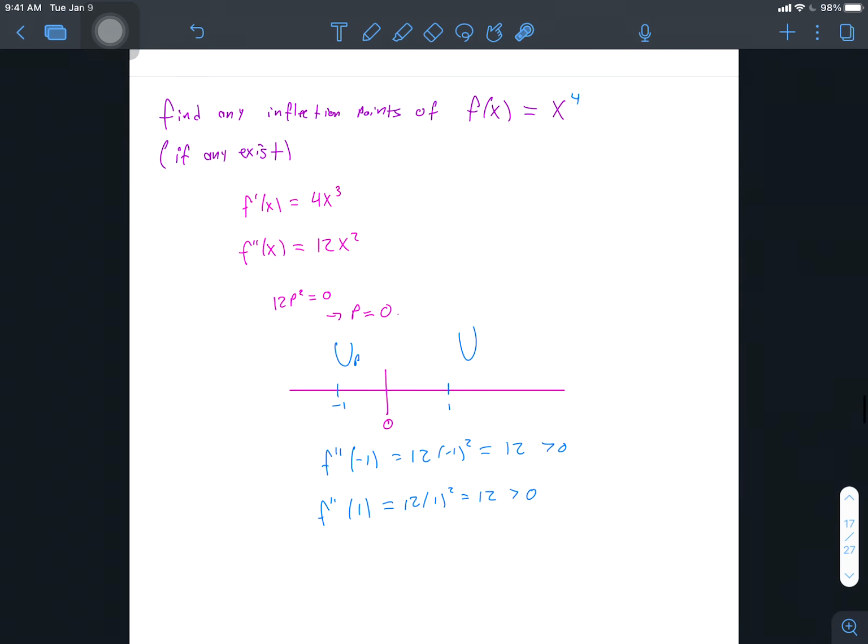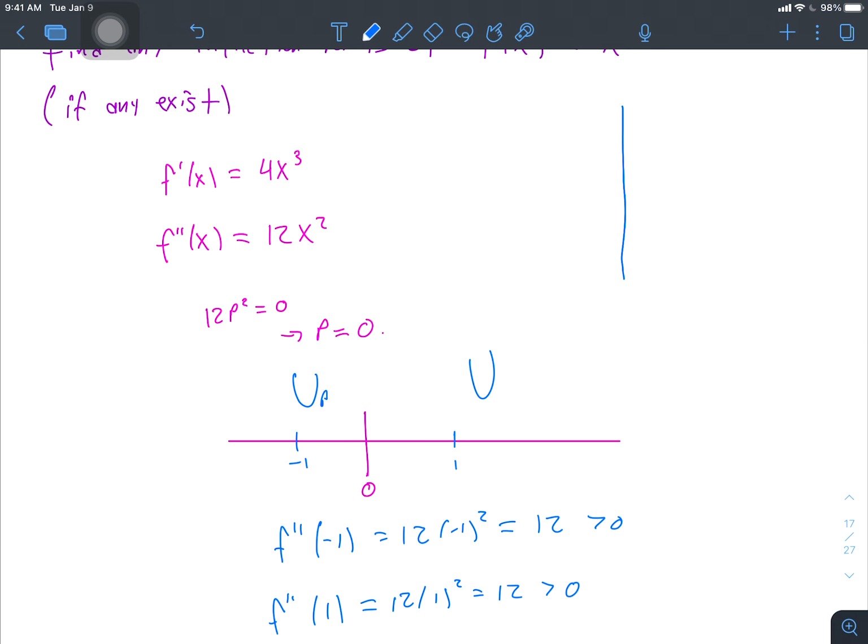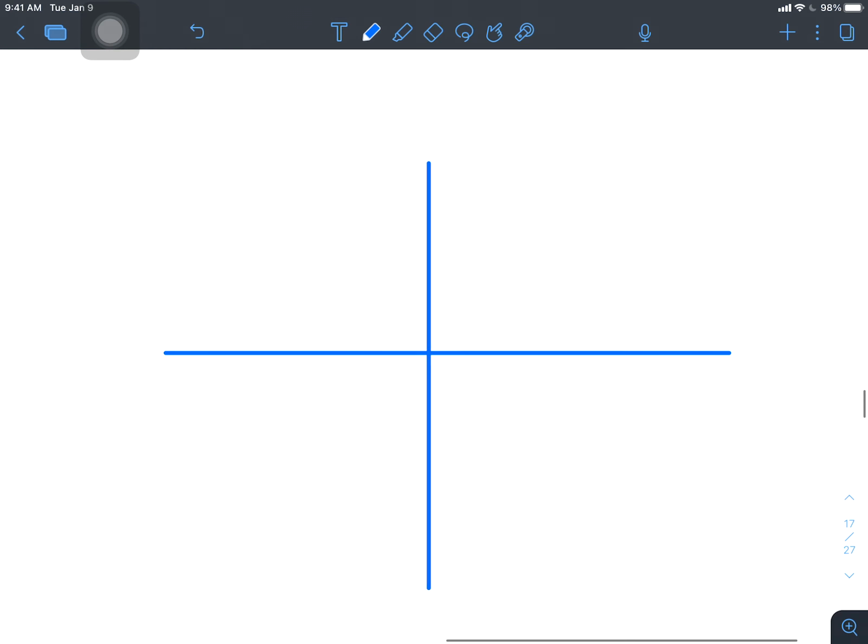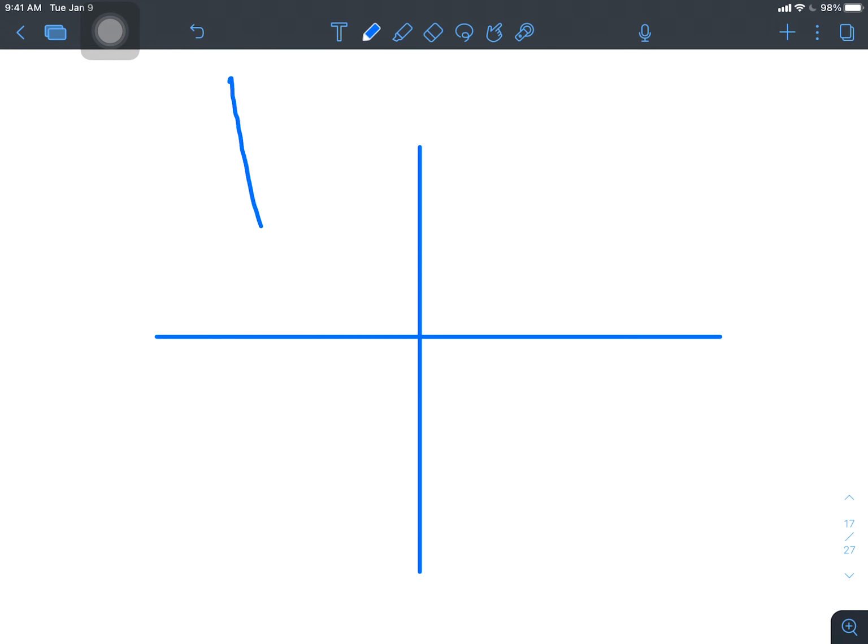And that's because if you look at the graph of x to the 4th, my graph isn't going to be that good, but essentially it looks kind of like a parabola, but it sort of flattens out when you get to 0, and then it goes up. So it's one of those weird situations where we're concave up to the left, we're concave up to the right, but right when we hit this point, our graph is perfectly flat in the sense that it has no curvature at this point for a fleeting moment.